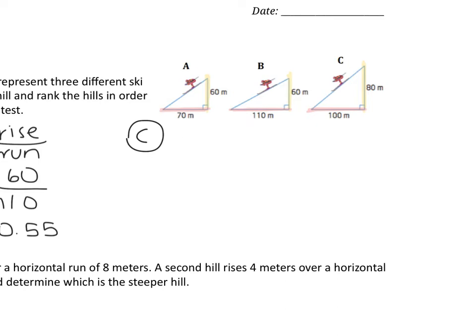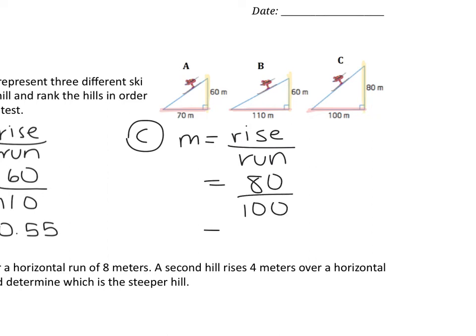And lastly, for hill C, we're going to plug in the numbers for rise and run. For hill C, my rise is 80 and my run is 100. So if I take 80 and divide it by 100, I'm going to get 0.8.